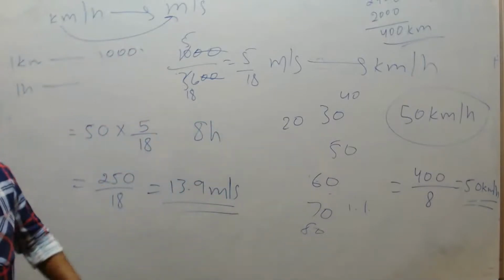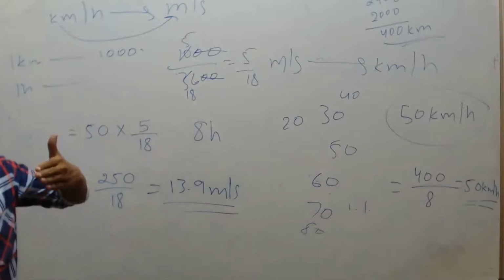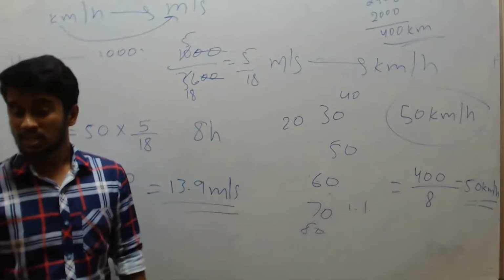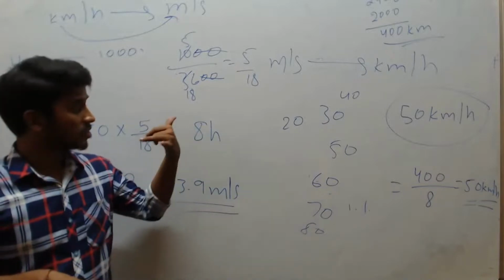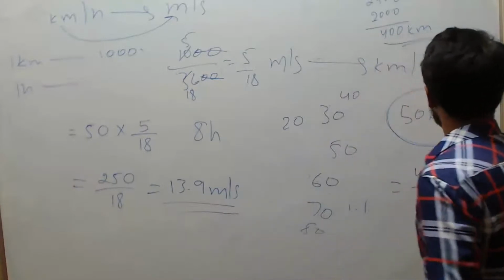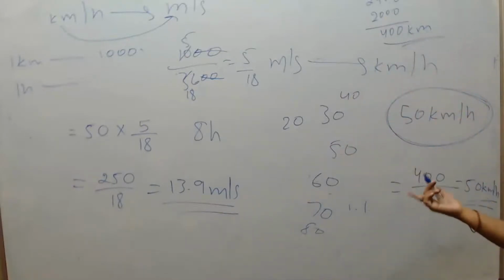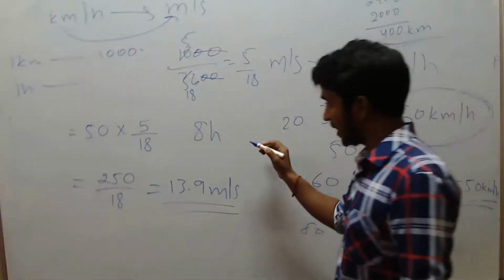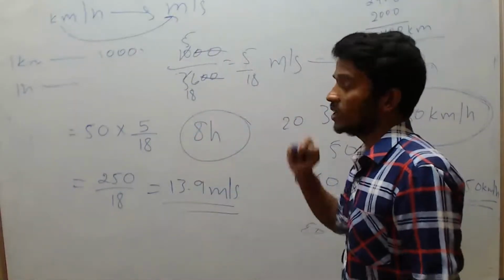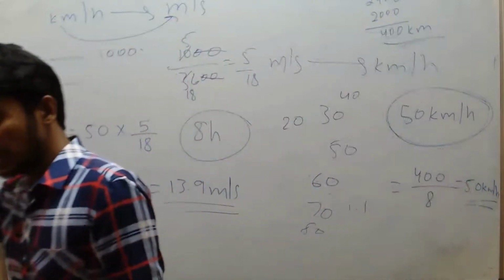If you travel with the same speed of 50 kilometer per hour from starting to ending point, then it will also take 8 hours only. That's why we use average speed.